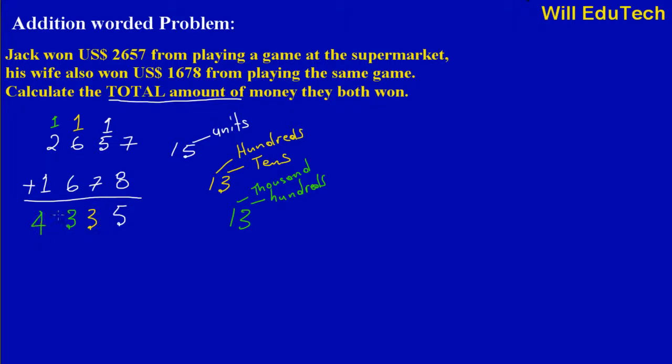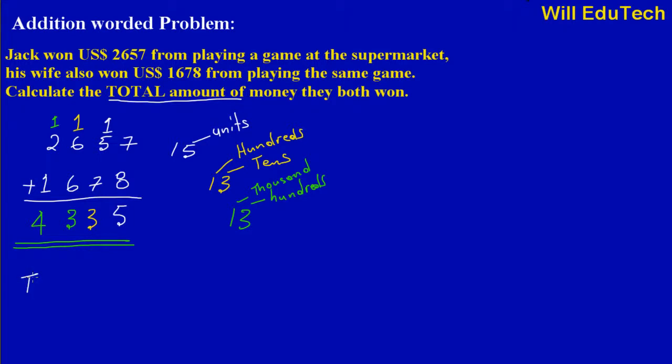Okay, so in total, and remember, when you're given a worded problem, after you have finished your calculation, you should always present your answers in words. So you would say the total they won.